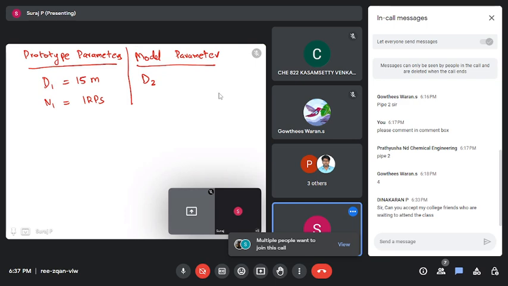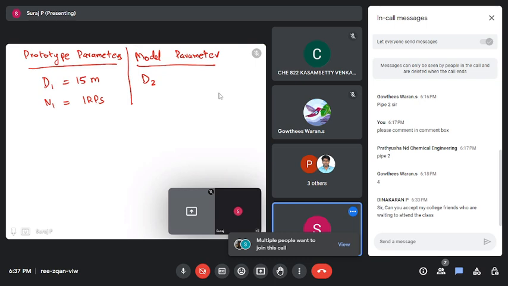So these two diameters will be cancelled out. So from this we can calculate the N2 RPM.